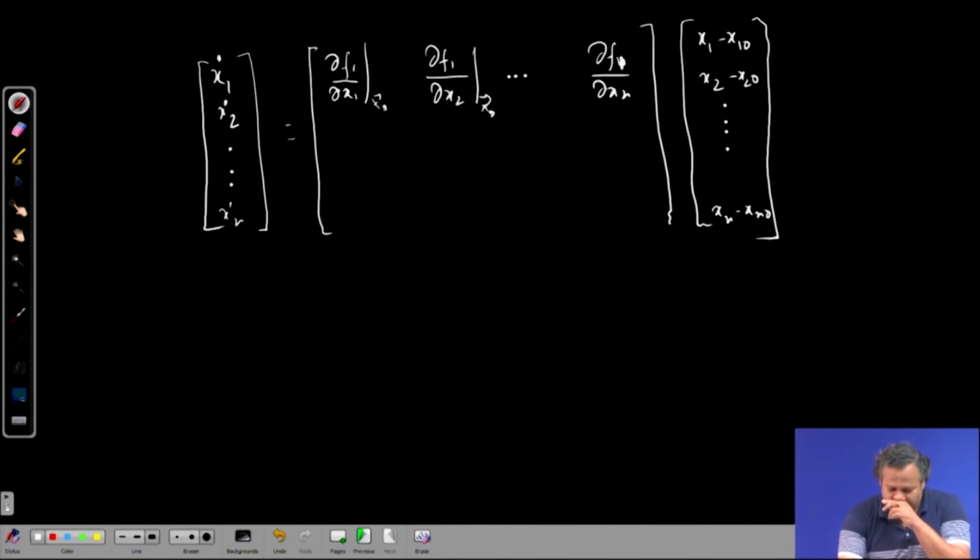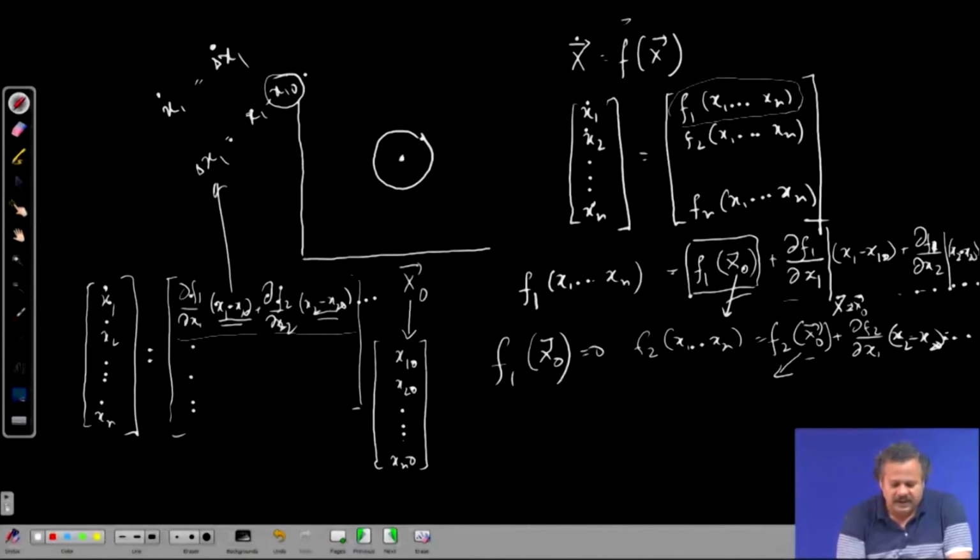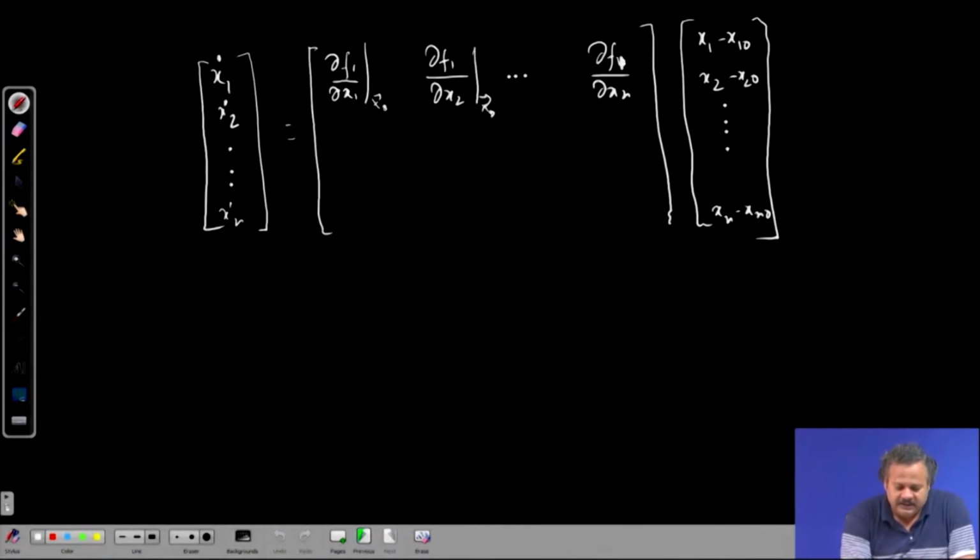So, by multiplying this row with this vector, we get the sum that we had written earlier. Similarly, for the next function, we have del f2 del x1 evaluated at x naught, up to del f2 del xn evaluated at x naught.